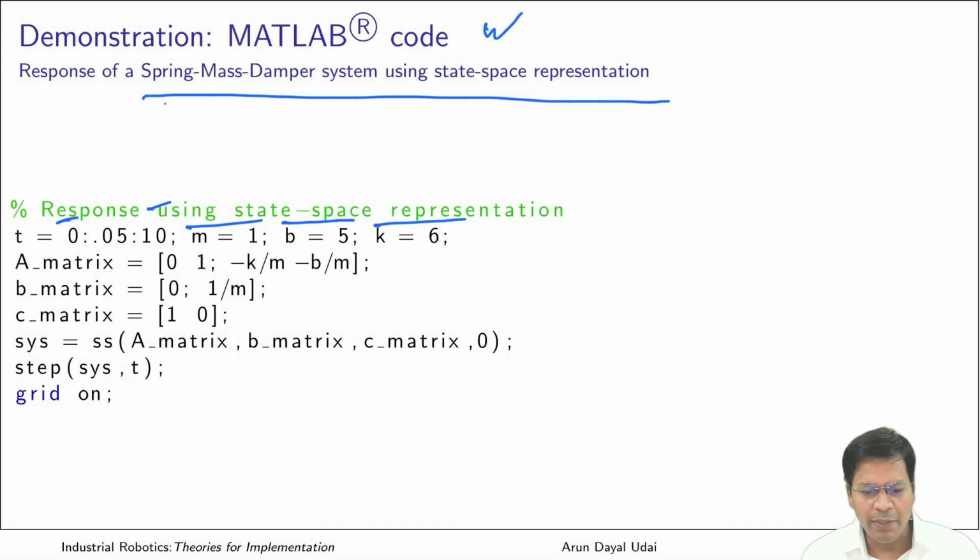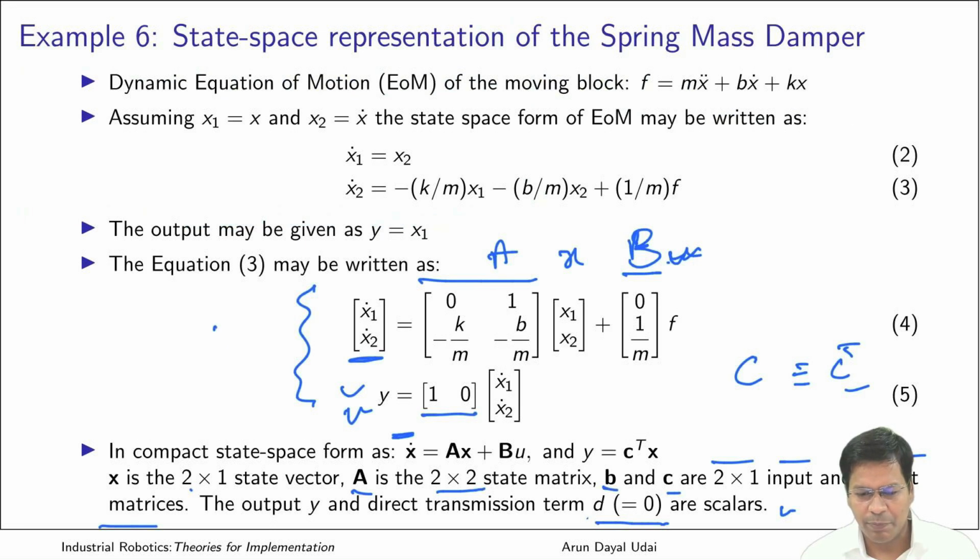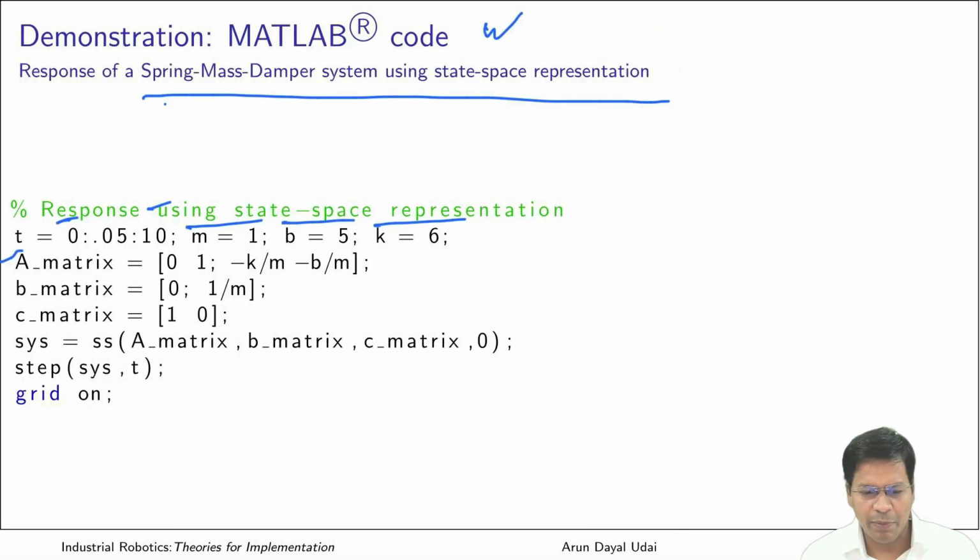So the A matrix, I have just put it exactly as it is appearing here. I have defined my matrices A, B and C over here and created a state space system of equations, stored it here in sys. So A, B, C and D comes here.